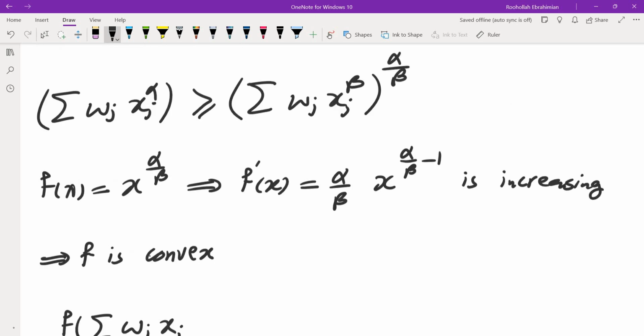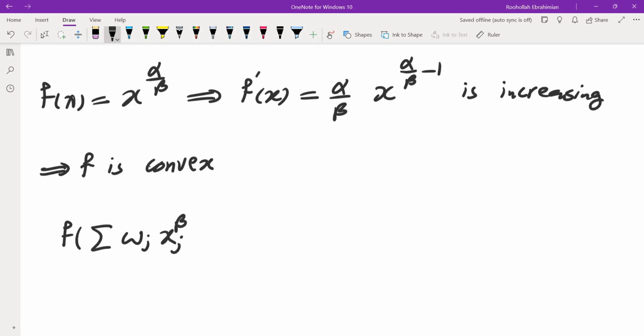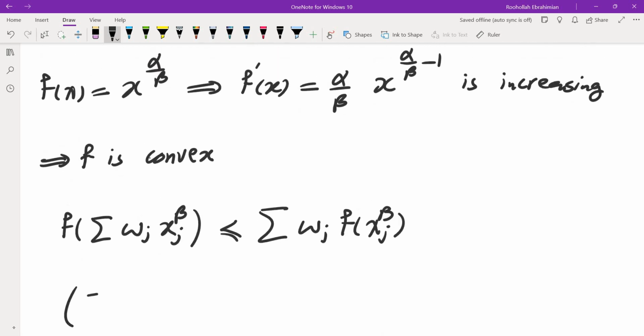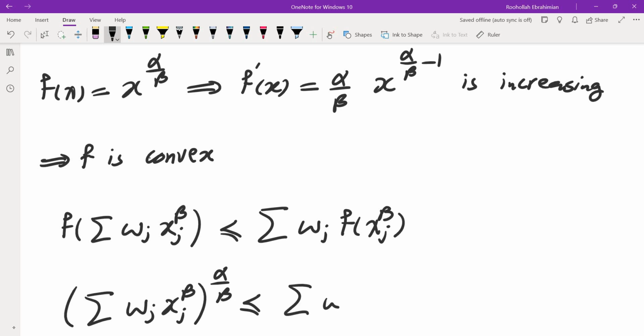I'm going to actually replace the xj's by xj^beta. This is going to be less than or equal to the sum of wj f(xj^beta). So let's apply that and see what we get. On the left, what we're going to get is (sum of wj xj^beta)^(alpha/beta) is less than or equal to the sum of wj.